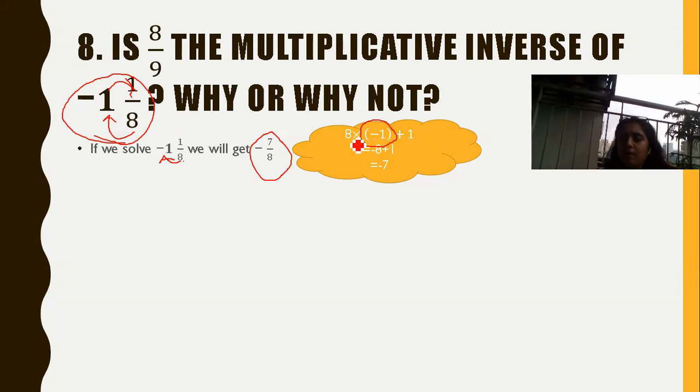So when I multiply 8 by minus 1, I will get the answer minus 8. How? Because I apply the rule of multiplication here: 8 is a positive number and 1 is a negative number, and if one number is positive and another is negative, the sign of the answer is negative. So I get the answer minus 8, and this plus 1 I will add to this minus 8.